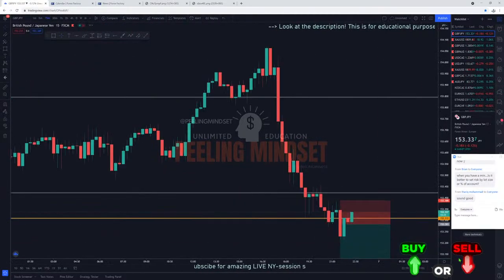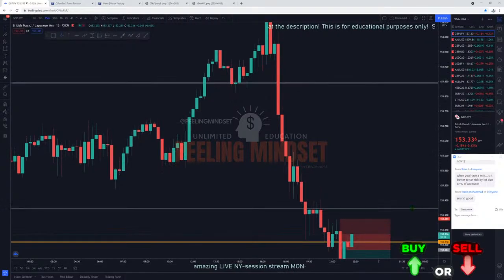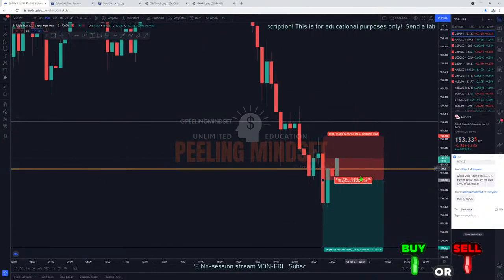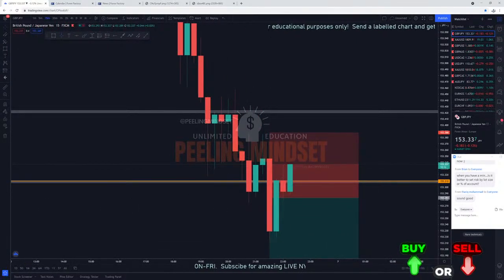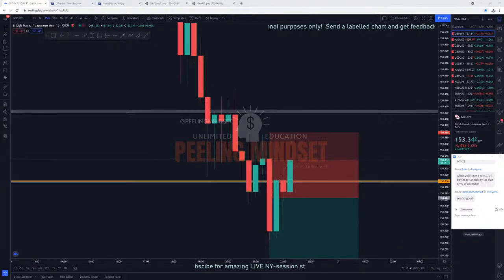All right. So the current 15-minute candle has actually broken the previous 15-minute candle's high. So this is the time where I'm going to close the whole position right here.